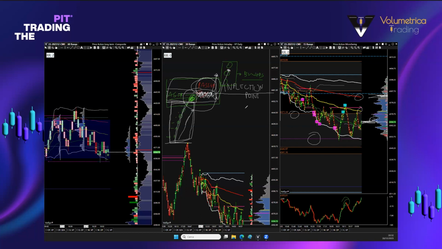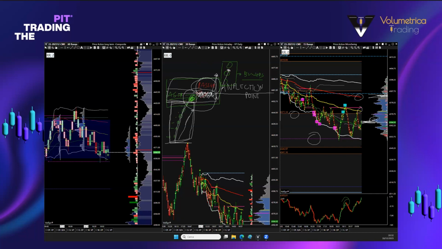So, how can we spot absorption? Well, based on that knowledge, last time I quickly introduced that using cumulative delta.